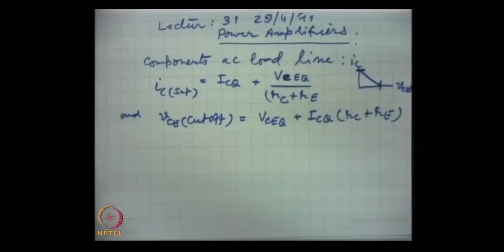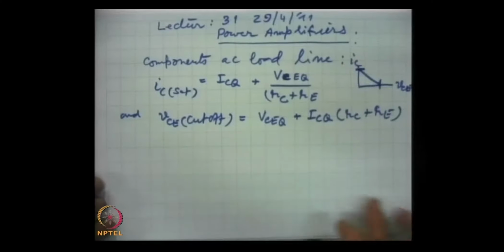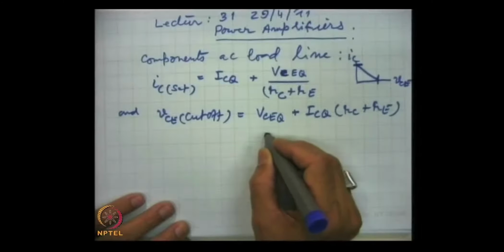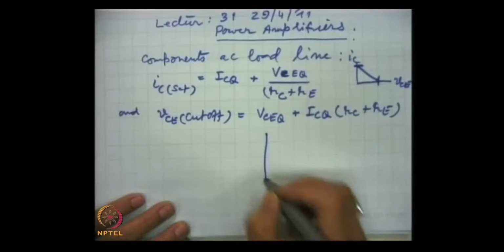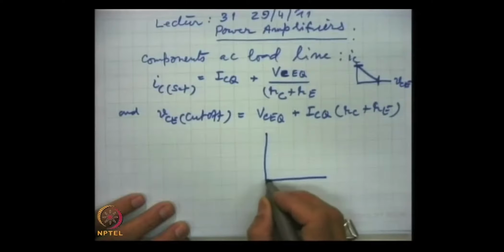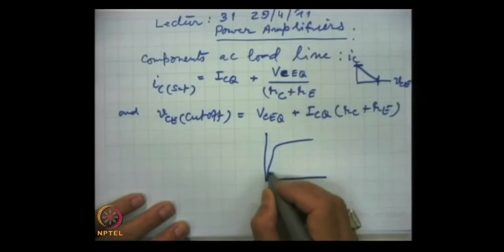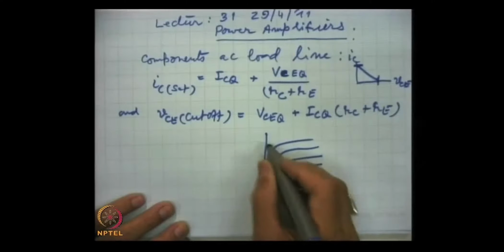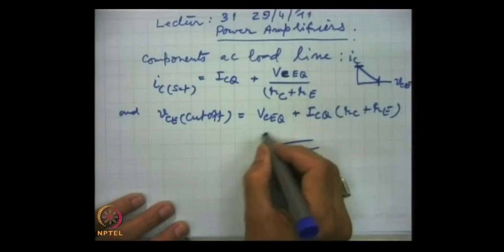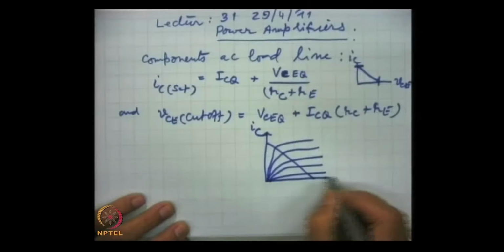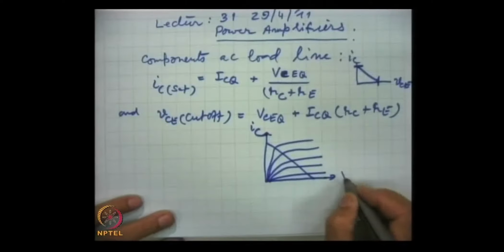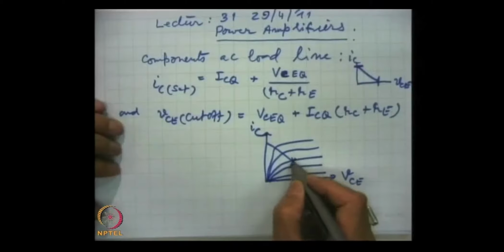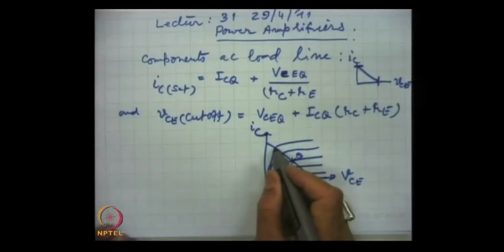Now, with this, what we have said is this: this is IC and this is VCE, and this is the Q point.